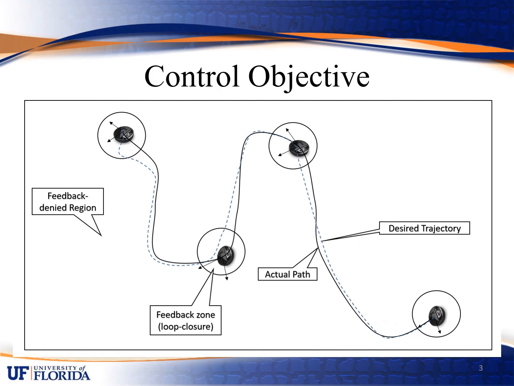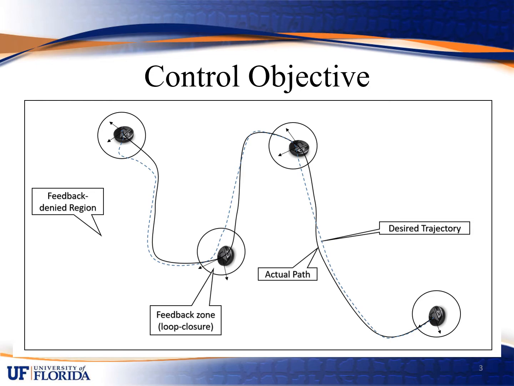The control objective is to enable a nonholonomic vehicle to explore an unknown environment where feedback is unavailable by intermittently following a trajectory through the unknown environment and intermittently into regions where feedback is available. As shown in the figure, the black rectangle represents the unknown environment the nonholonomic vehicle tries to explore.